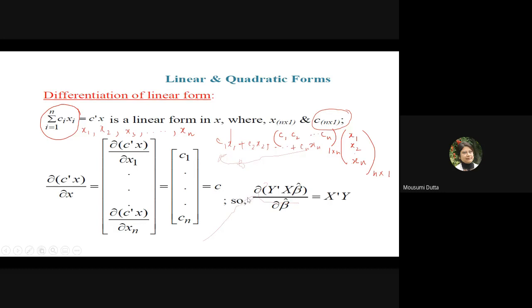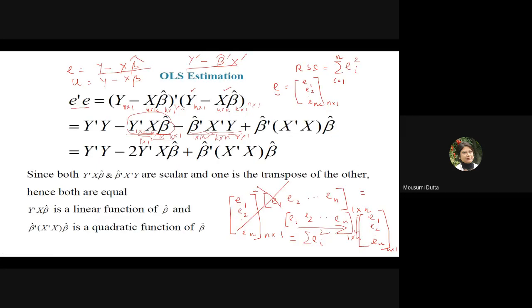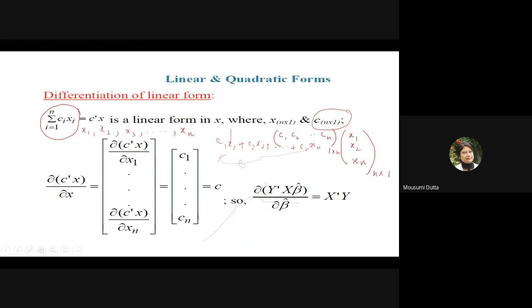In our analysis, in the second term, we have minus 2 y prime x beta hat. So if I take the derivative of y prime x beta hat with respect to beta hat, we will not get y prime x, rather we will get the transpose of this, that is x prime y.